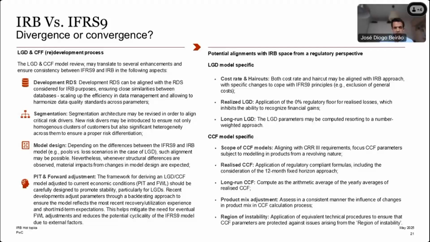On the side of the segmentation, it makes sense to have at least an overall story to tell supervisors, meaning if in IRB one says that recovery patterns are very much based on some specific collateralization levels, or there are other specific risk drivers that need to be embedded in the modeling component, it makes all the sense that in IFRS 9 there should be at least some kind of alignment in the overall story. Even if we change costs, or change the discount rate to adapt to the IFRS 9 world, of course there may be some difference.